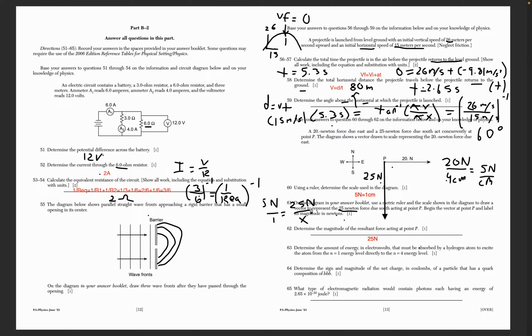Cross multiply, you get 5x equals 25. Divide by 5, you get 5. So then you use your ruler and draw a 5 centimeter vector and label it 25 newtons. That's it.